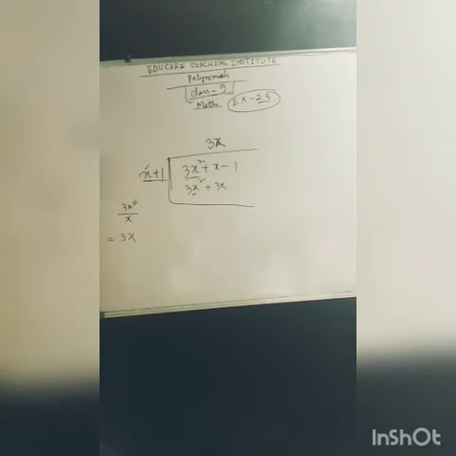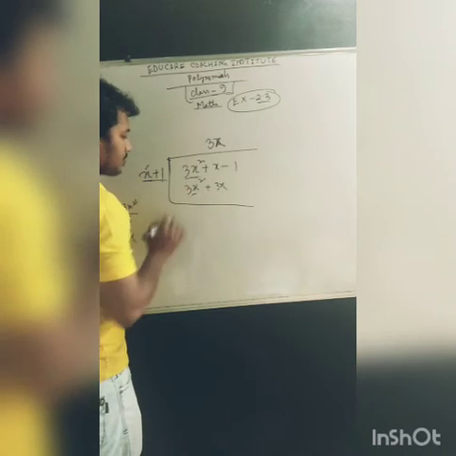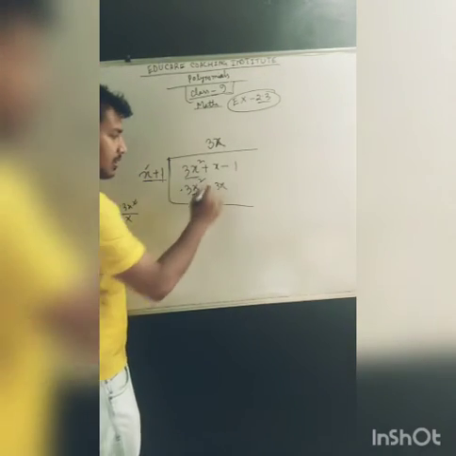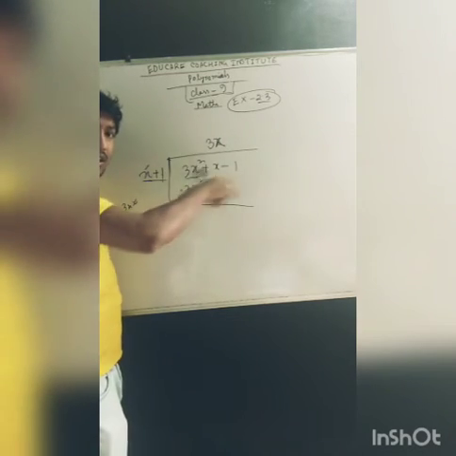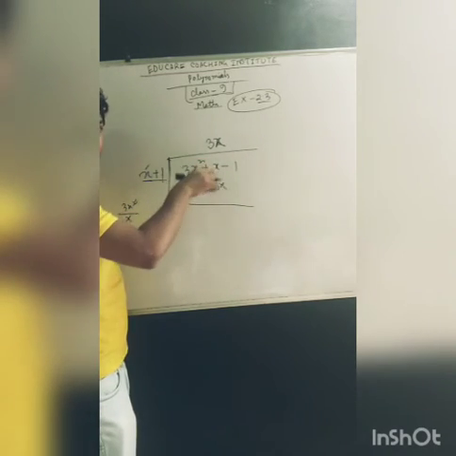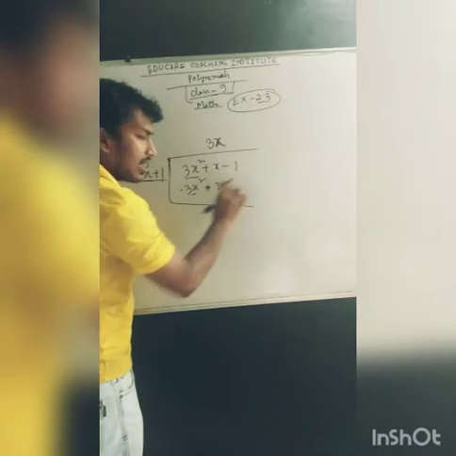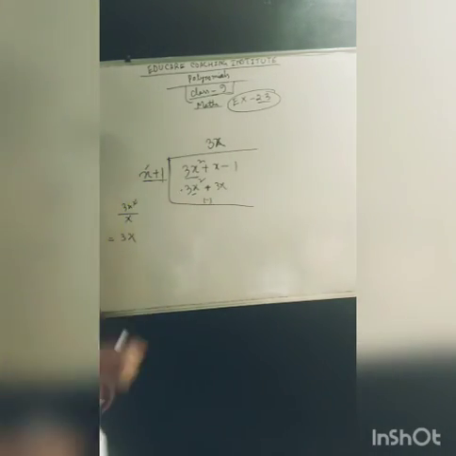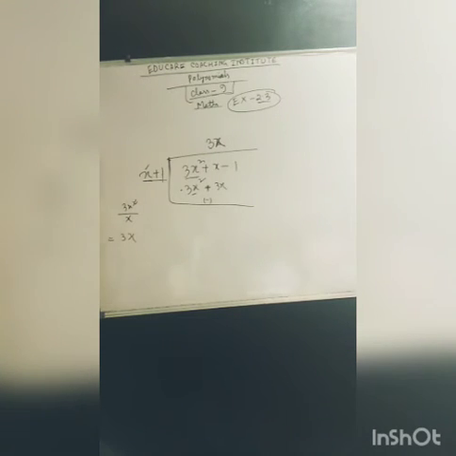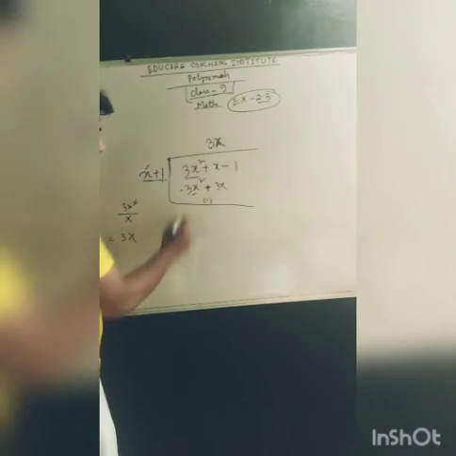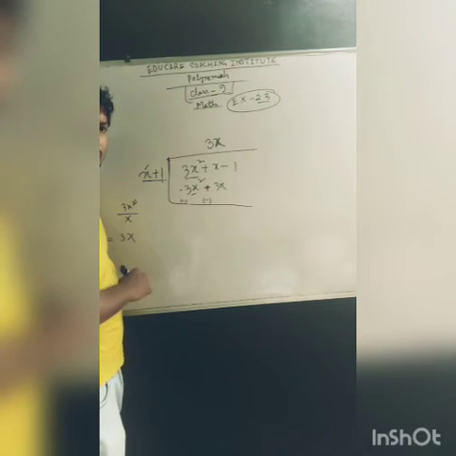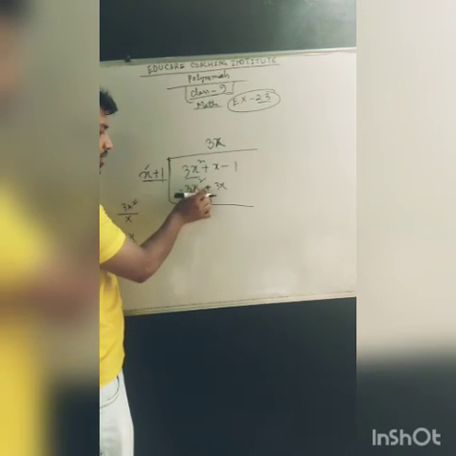Now coming to the second rule. Whatever the sign in the second line, it will get reversed. Here it is not needed because 3x square minus 3x square is 0.